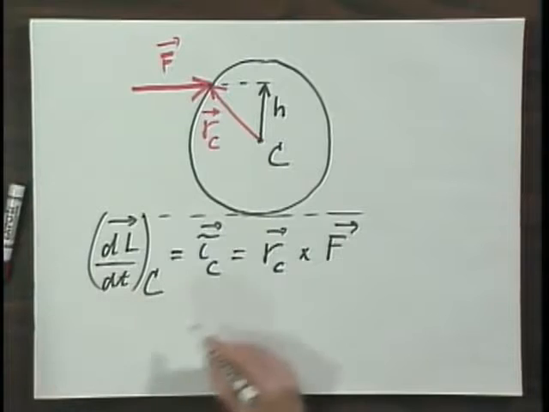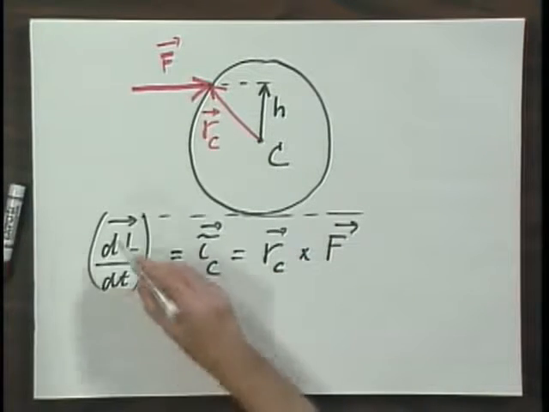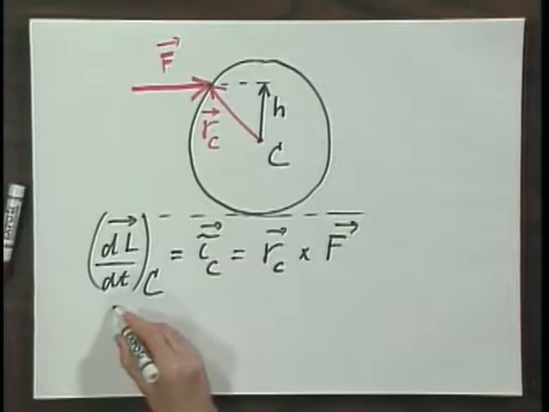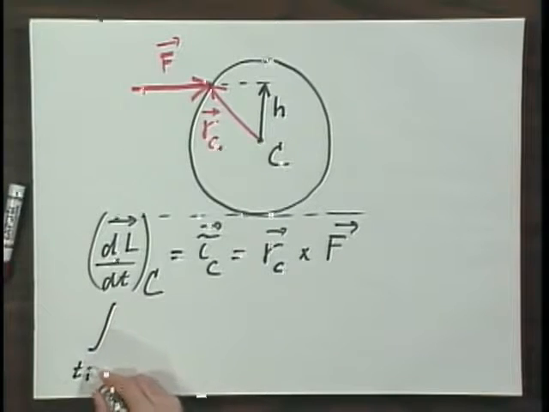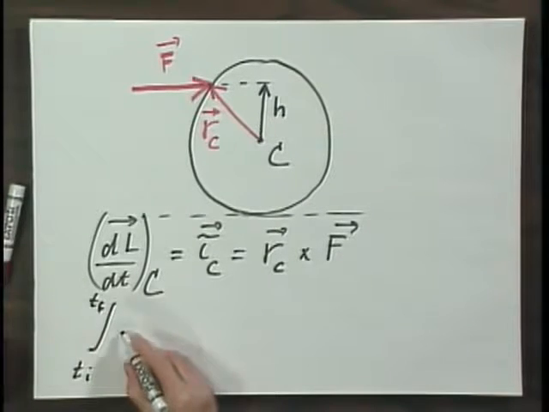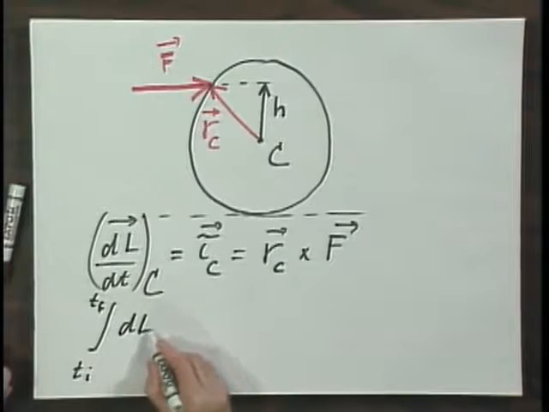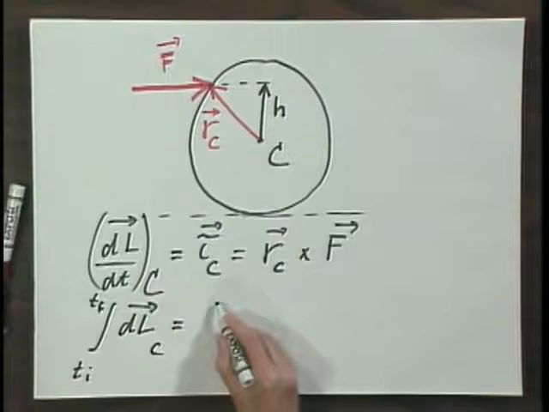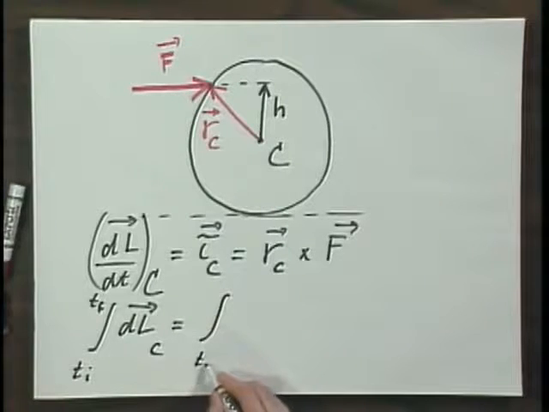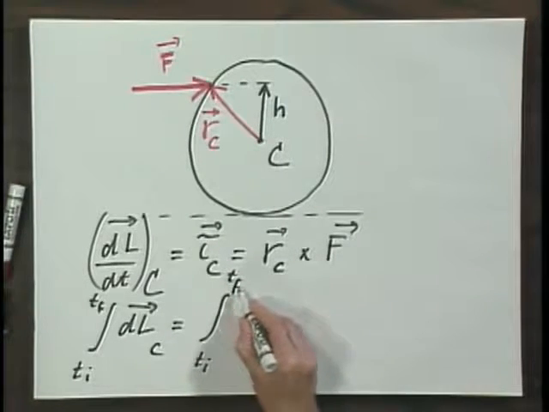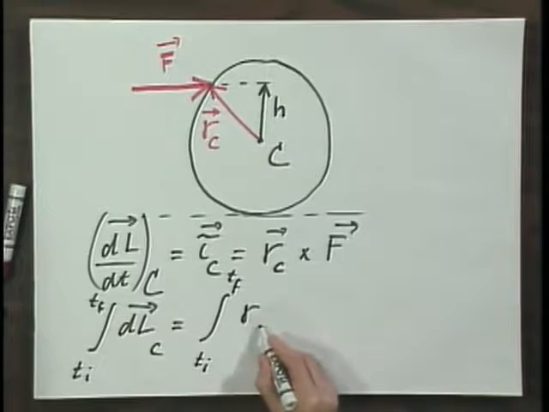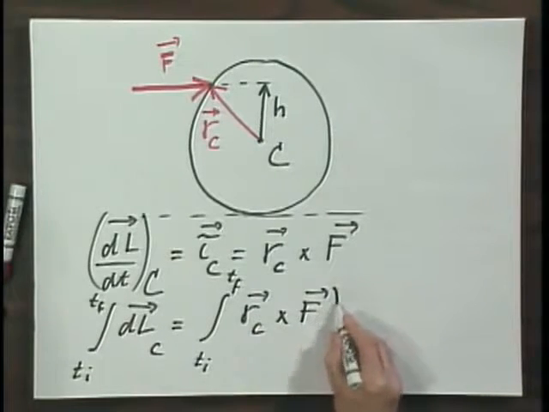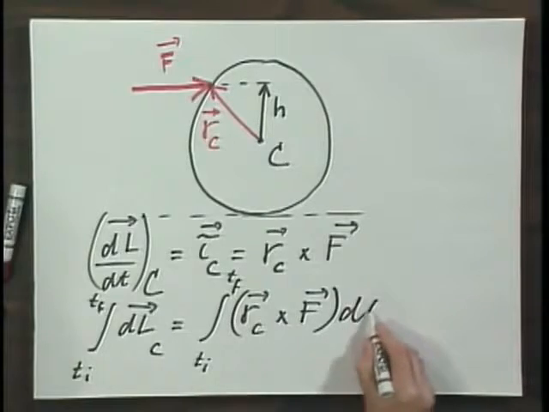I now do a time integral, integral of this dt, integral of this dt. So I'm going to get, from t initial to t final, dL relative to point C equals the integral from t initial to t final of r_C cross F dt.